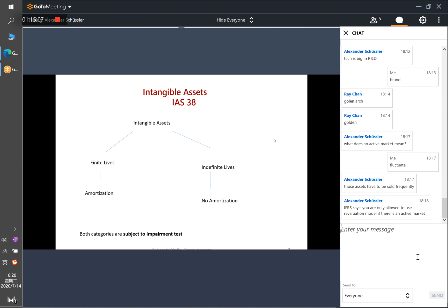But note that here it doesn't say infinite lives. It doesn't say that the life goes on forever, but rather that it is undefined, indefinite lives.